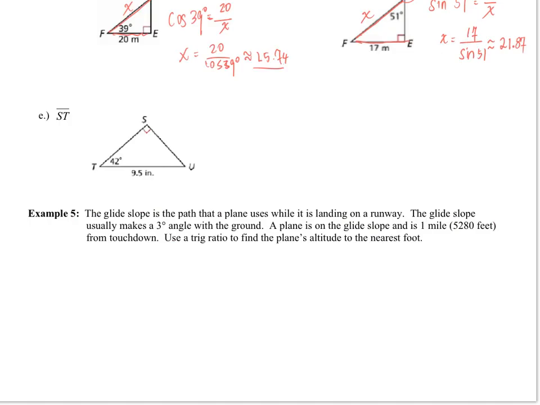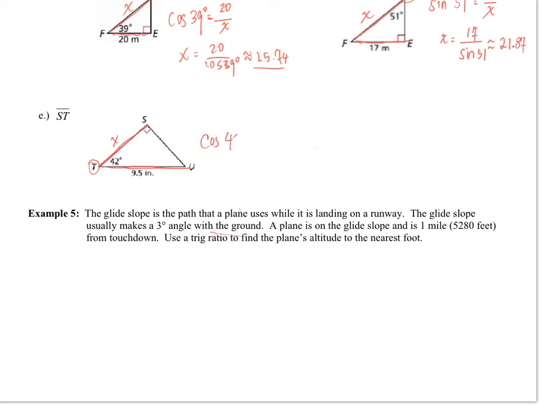We want to find ST, and we're given 42 degrees for angle T, and then we're given the hypotenuse. And we want to find this one. So that would be, we're given an adjacent length, hypotenuse, and we need cosine.